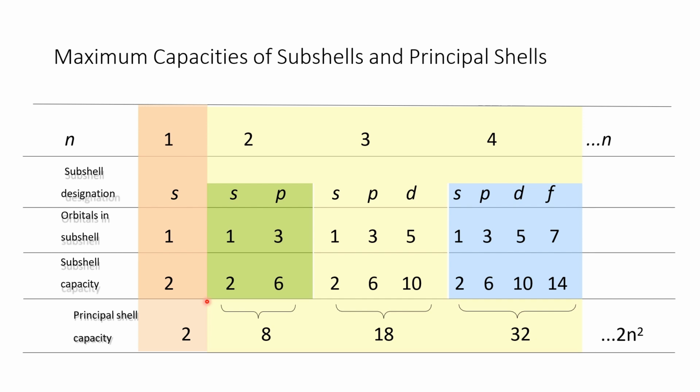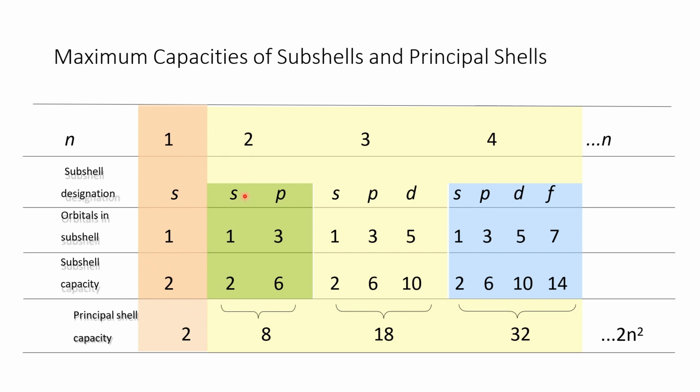Remember the core rule: one orbital can have a maximum of two electrons. Looking at the subshell capacity, S has one orbital, multiplied by two electrons, so it has two electrons.